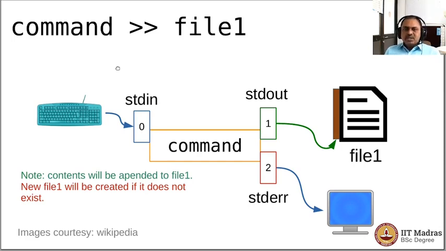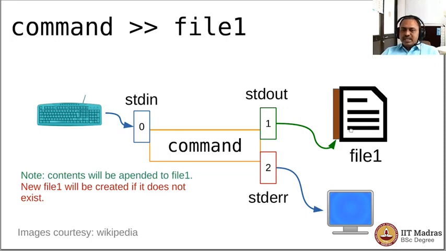By appended I mean, if the file 1 exists, then the content will be written to the bottom of the file, and if the file 1 doesn't exist, then it will be created and written from the top. So it's a slightly safer option to use, so that if there was any file, it would not be overwritten, it will only be appended to.